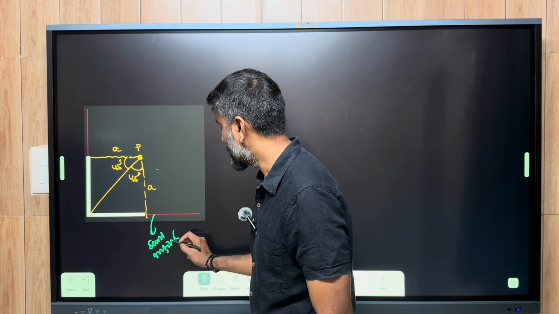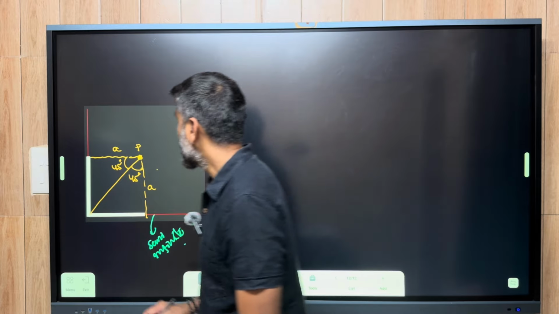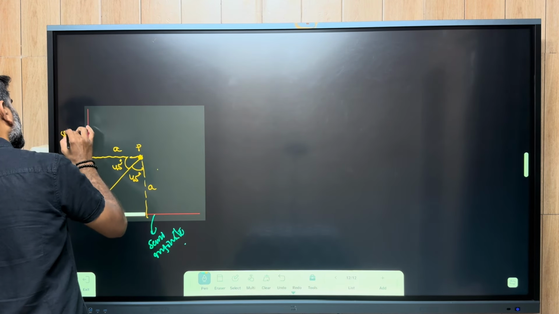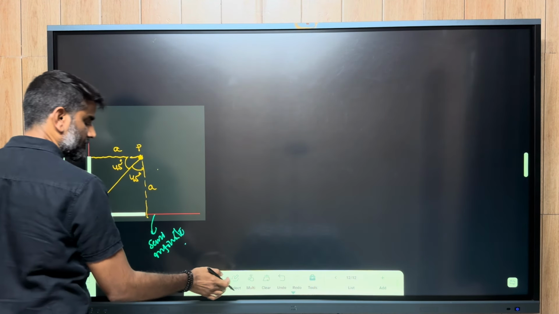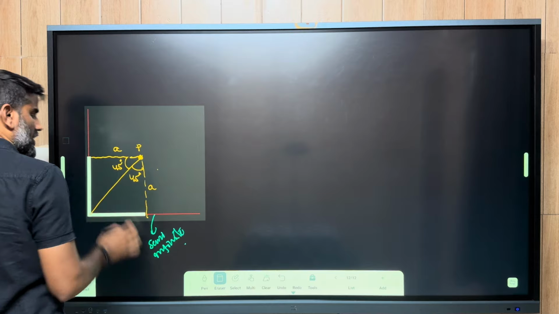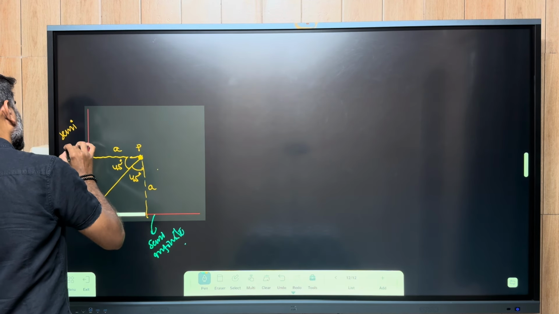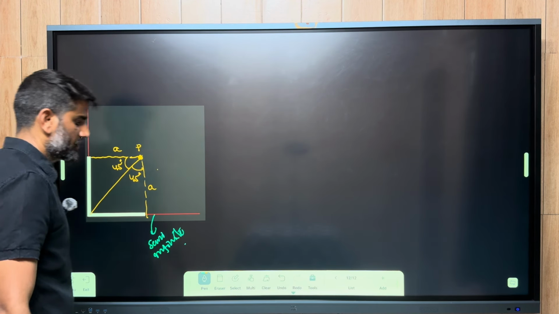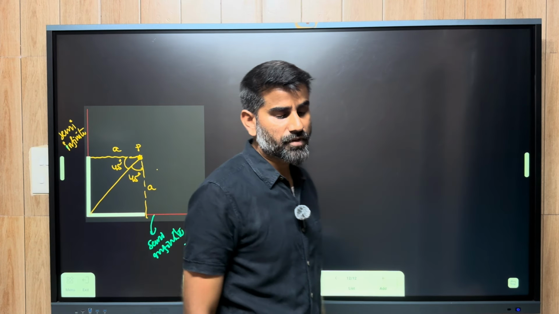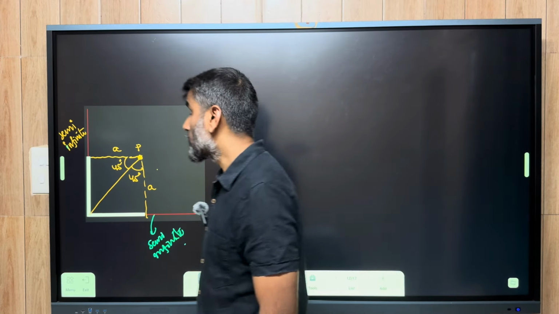Clear? Both of them are semi infinite wires.